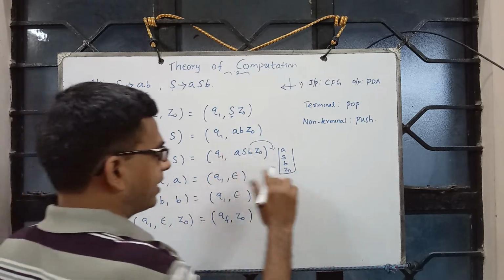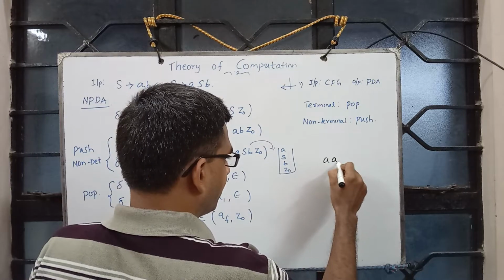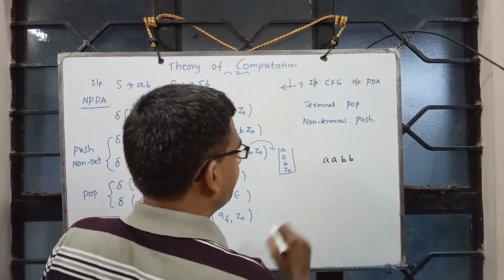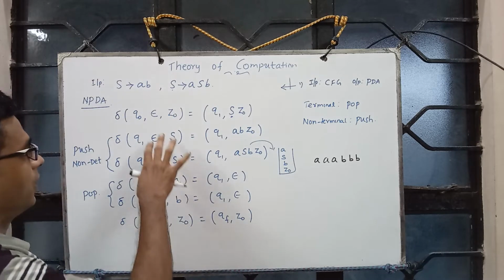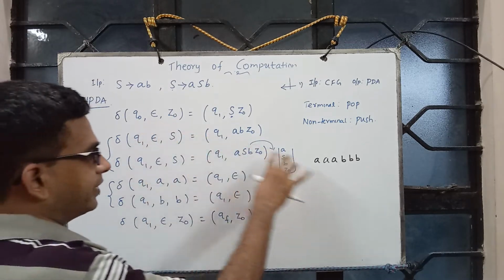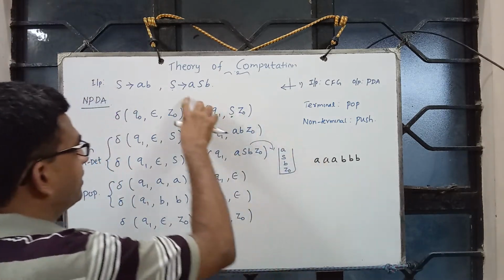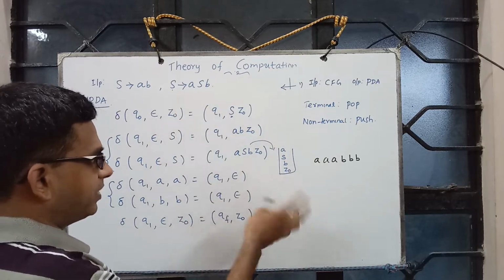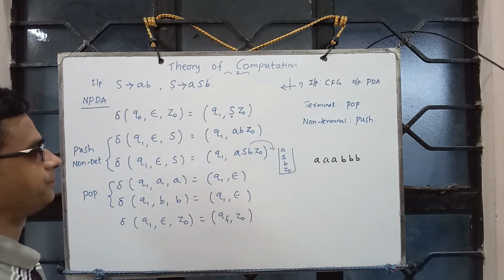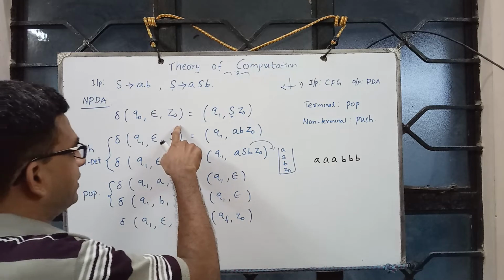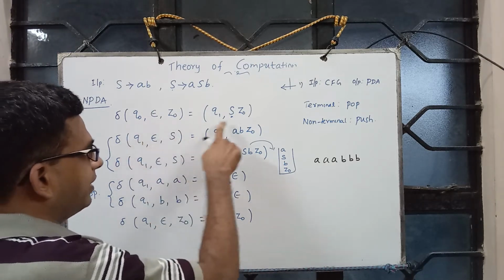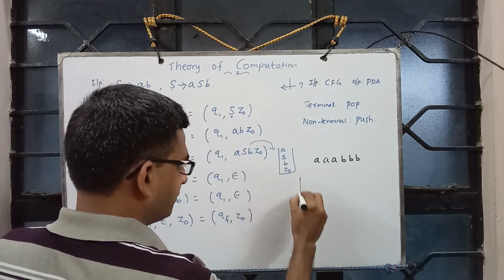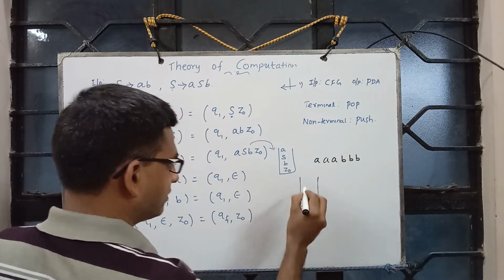Now let's look at AABB. Maybe you take say triple A, triple B. Now the way this string is derived by this grammar, the same thing is being simulated by this. So what it says is the following: you start from Q0 without reading anything, you push this. So the stack becomes this.